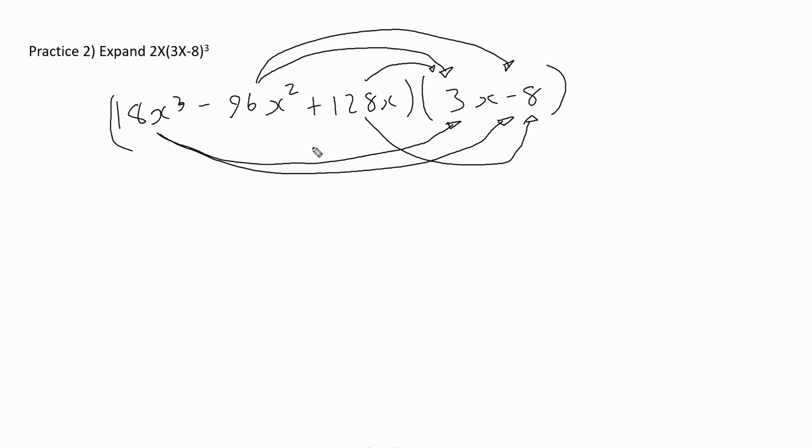So first of all, we do 18x cubed times 3x, which gives you 54x to the 4, because you're doing x cubed times x, which is x to the 4. Then you do 18 multiplied by -8, remembering of course again to keep the minus sign, which will give you minus 144x cubed. Then you do minus 96, keeping the minus sign again, multiplied by 3x, which will give you minus 288x cubed.